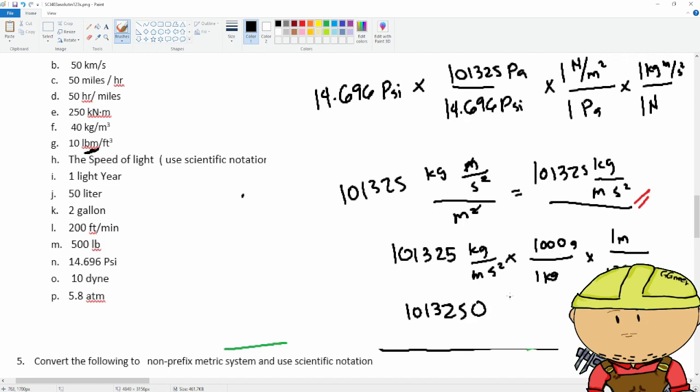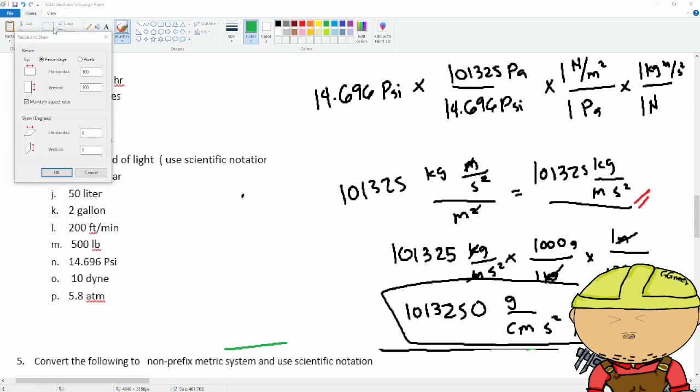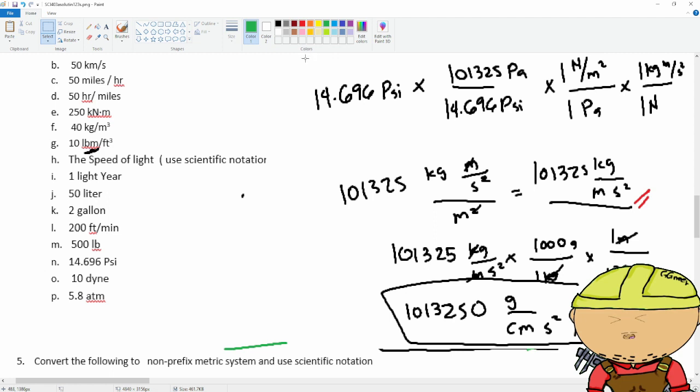Okay? Gram, kilogram cancel. Meter cancel. Gram over centimeter second squared. Okay? So that is our CGS for psi. Okay. Let's continue.